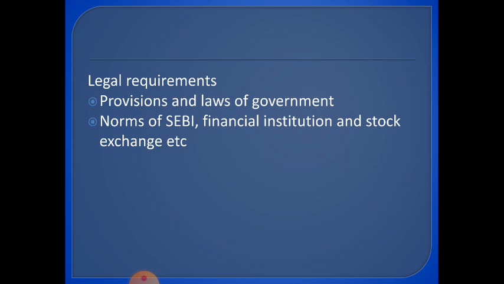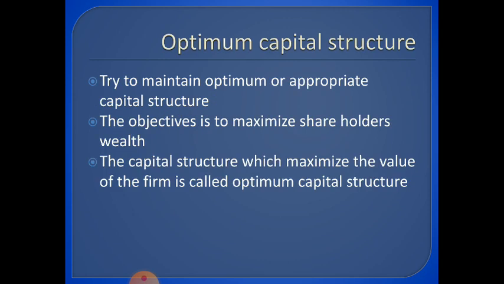Then move on to the next topic, that is optimum capital structure. This is the last topic in our chapter. What is optimum capital structure? Every company tries to make an optimum or most appropriate capital structure.